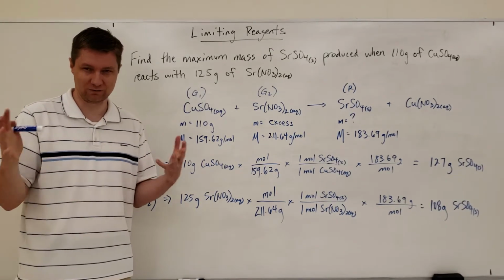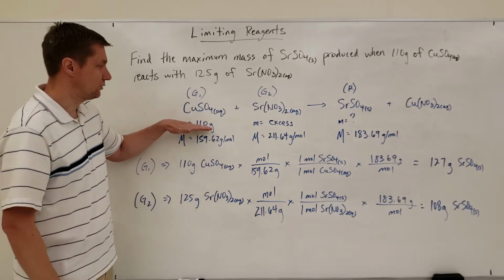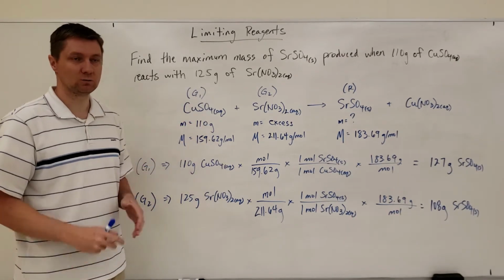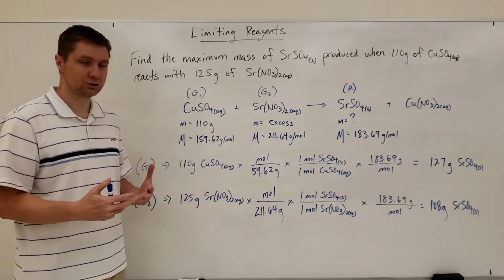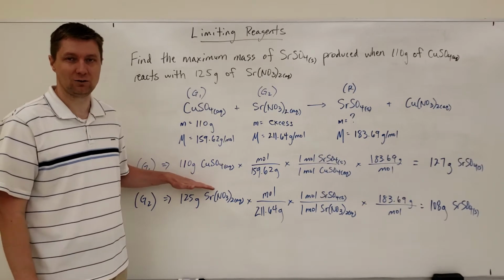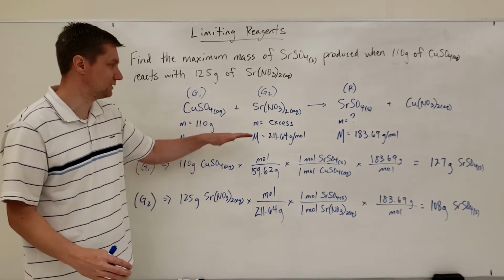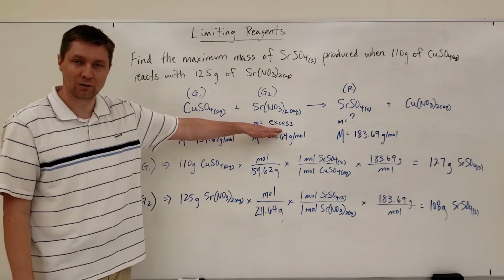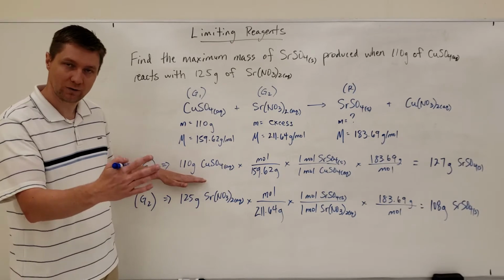But for the purposes of figuring out the question, this is what we're going to assume. So when I do stoichiometry, I am calculating how much is being produced if all 110 grams of copper 2 sulfate is going to react. The only way to ensure that is to react it with excess strontium nitrate. So I do the stoichiometry with that assumption.